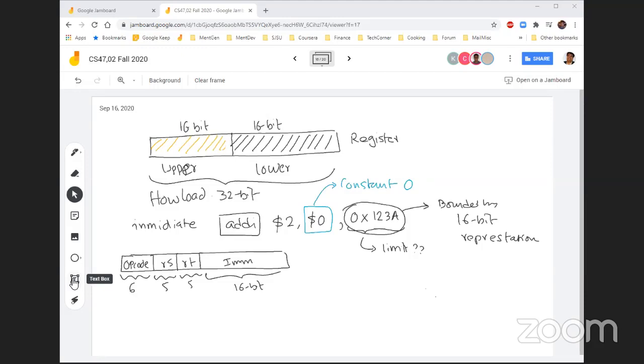Definitely you can say, hey, I load this in the lower bits and do a shift left logical on $2 by 16 bits.